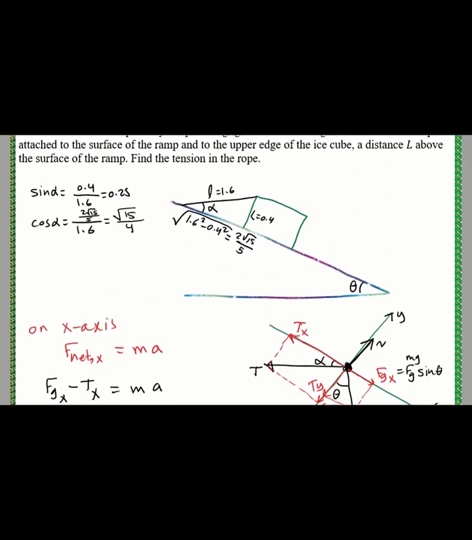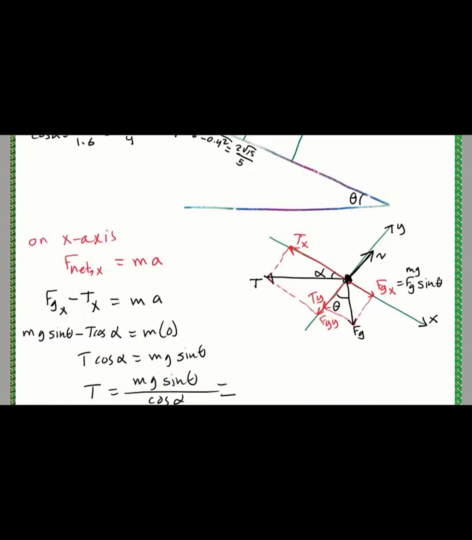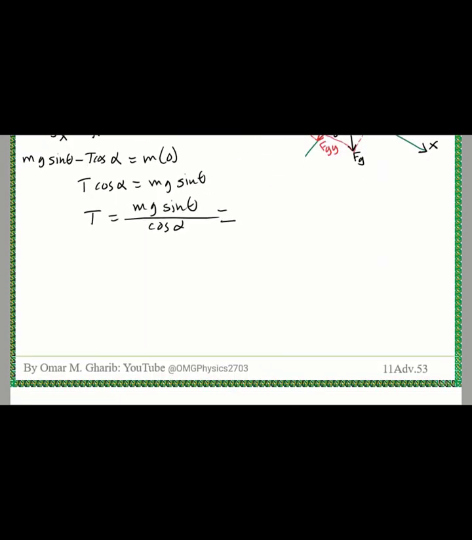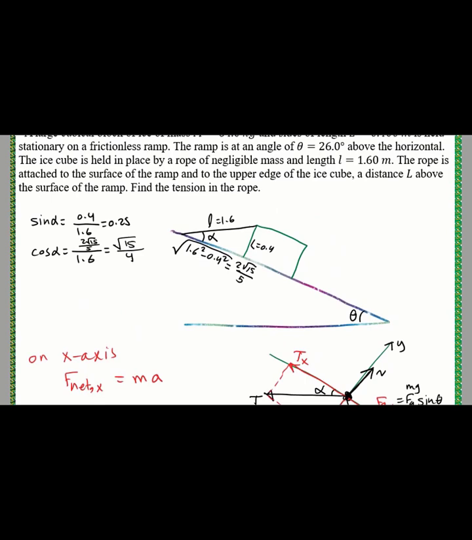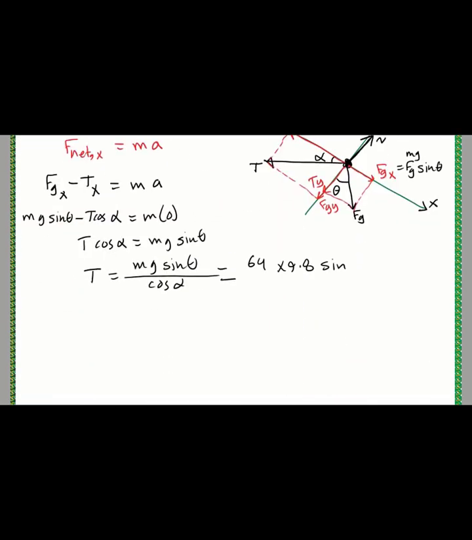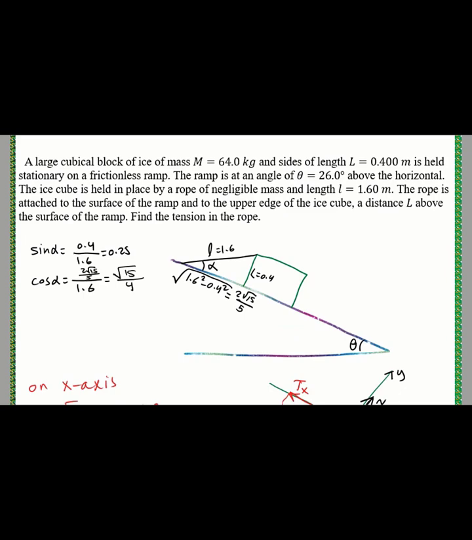Now m is 64, g is 9.8, sine theta, the angle of the incline, is 26, over cosine alpha. We know the cosine alpha: it is square root of 15 over 4.